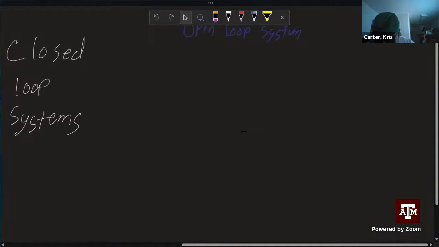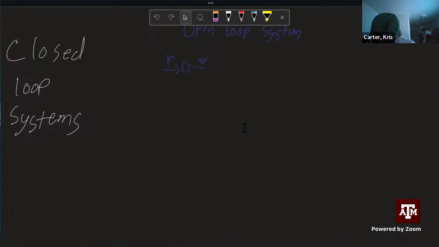So you'll have your input, you have the error that goes into the controller, that goes into the system, and that leads to the output.